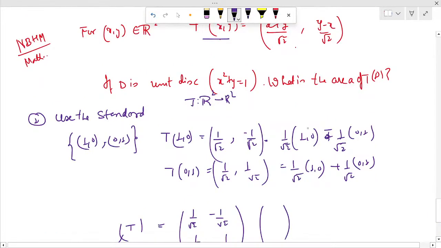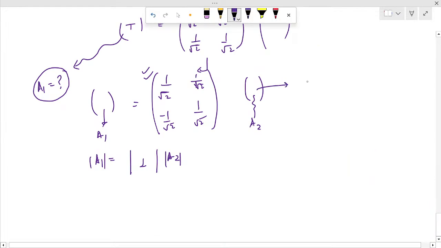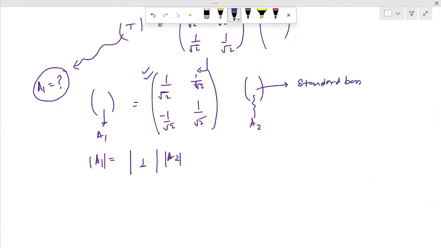A2 is that particular area where your unit standard bases are (1, 0) and (0, 1). So I can write it here. These are the standard bases in D, and these are the standard bases in TD.